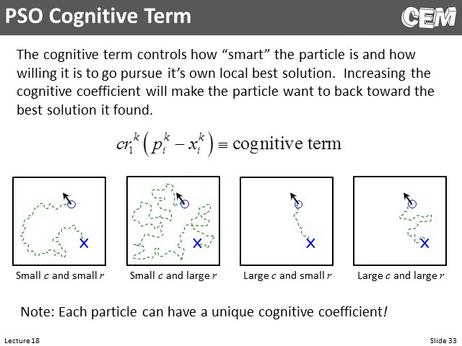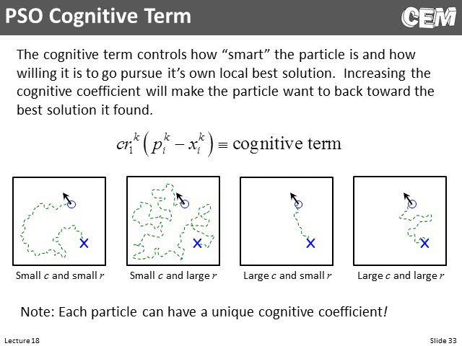On to the cognitive term. This is the tendency of a particle to revisit the best that that particle has seen. If we have a small randomness and small cognitive term, it just seems to wander around sort of randomly. If we make the cognitive coefficient small but a large r, it still wanders around, but even more randomly now.